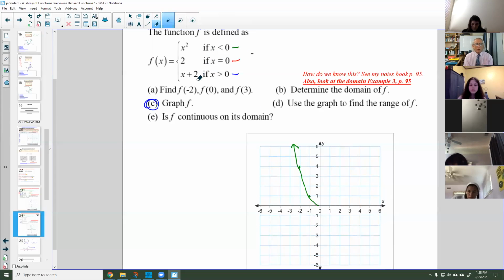So I actually have to erase it at 0 as well and put an open circle there. So this is the graph of the first piece. It's the graph of x squared, but only for the x's that are less than 0. So let me just pause there.